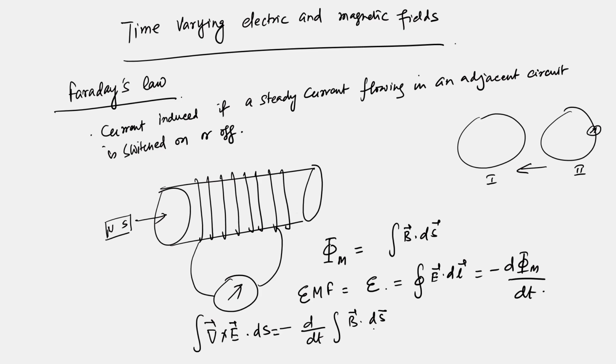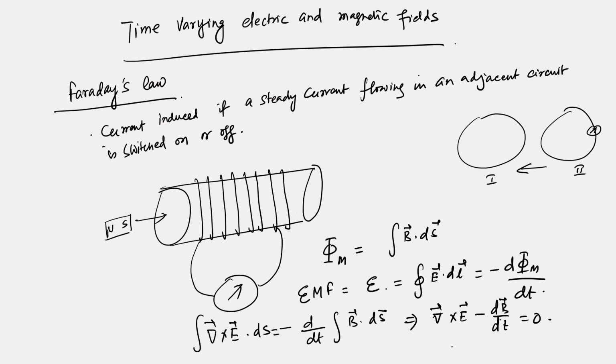See, this integral is over this surface, that is a space coordinate, and the time derivative operates from the left, but time and space are completely delinked in non-relativistic mechanics. So, we can take this derivative with respect to time to be inside, and this will give us that curl of E plus del B del t is equal to 0, knowing that B is a function of both time and space.